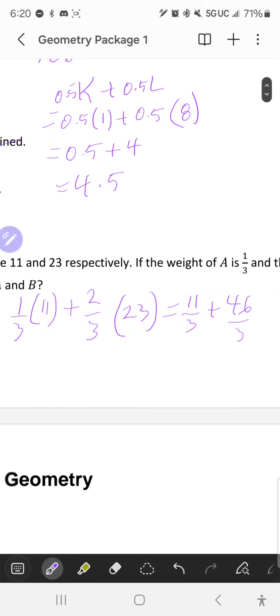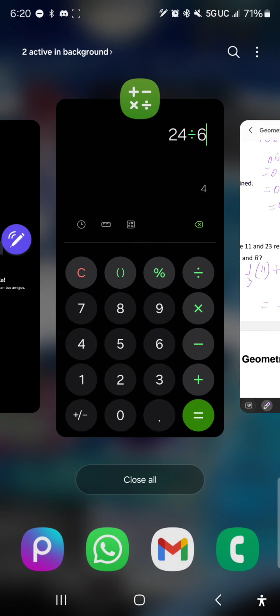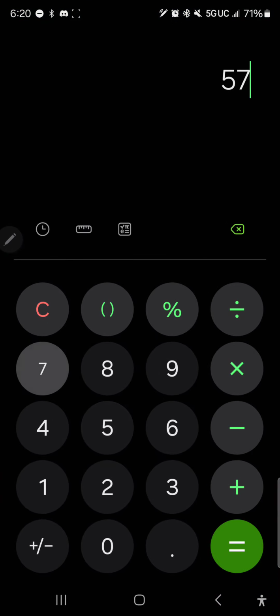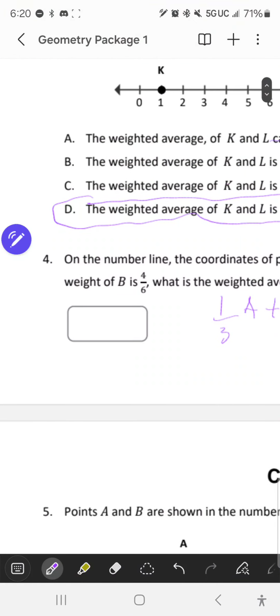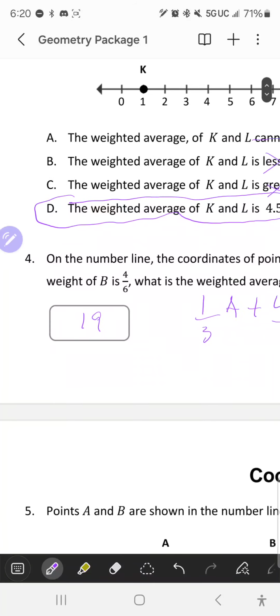Since the denominator is equal, we can just put it all along and say 11 plus 46, which equals 57 over 3, which is going to be 19. If not, you can go to your calculator and say 57 divided by 3 is going to give you 19. And our answer is going to be 19. This is the weighted average for these 2 points.